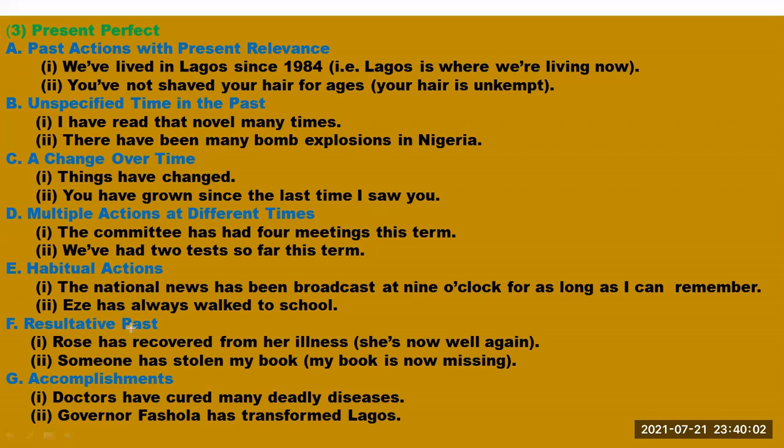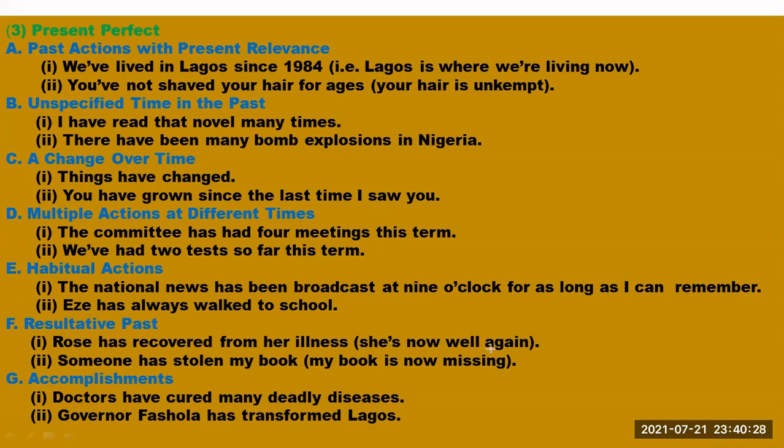Another use of the present perfect is in what we call resultative past, something that happened in the past, but we can see the result or the effect. The effect is still visible. For example, Rose has recovered from her illness. Now we can see she's well again.